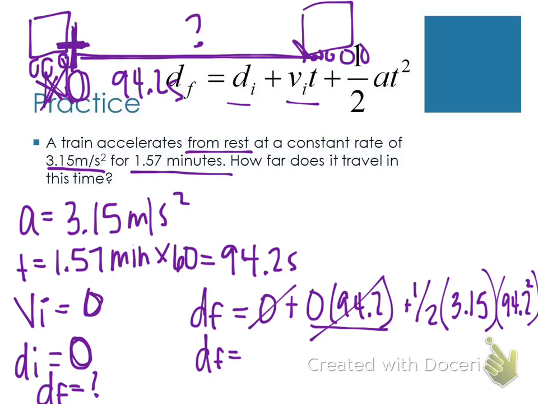All right, Griffin, tell me what you got. I got 13.975 kilometers. Okay, good. 13,975 meters or 13.975 kilometers. We can just keep it in meters, but yeah, you're right.